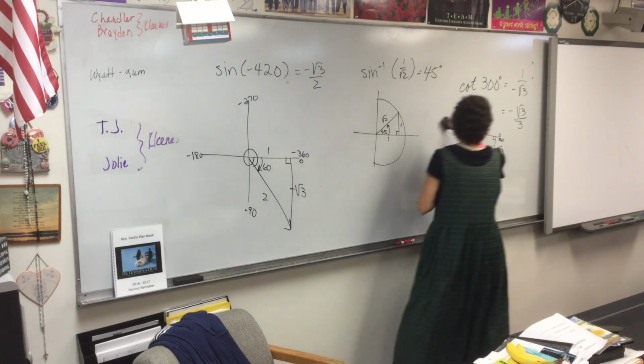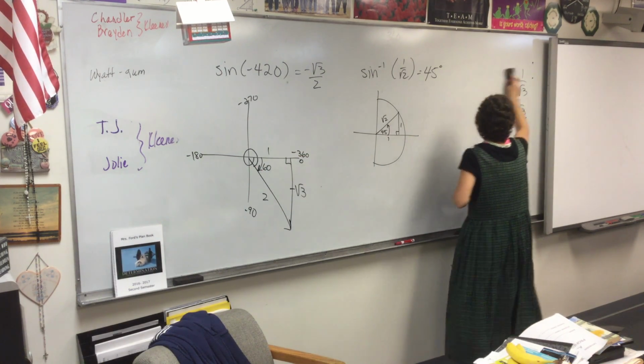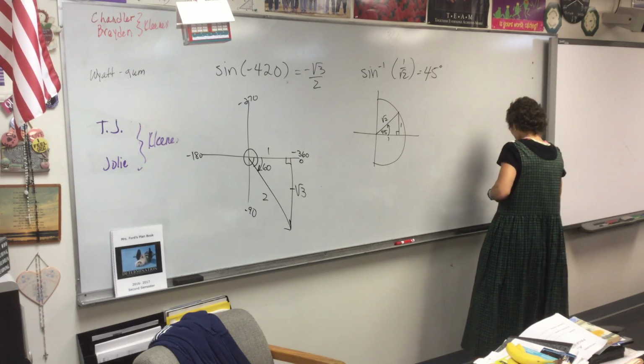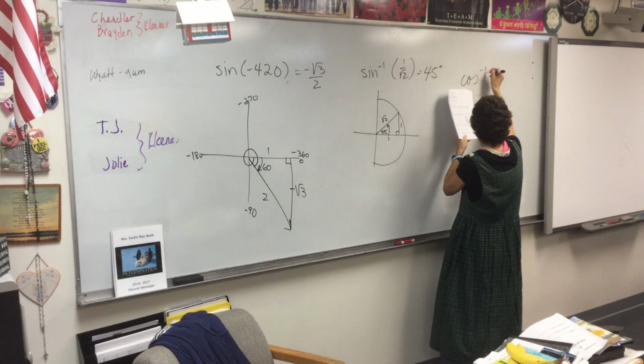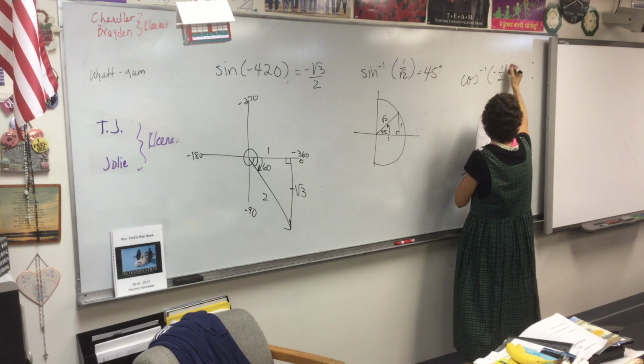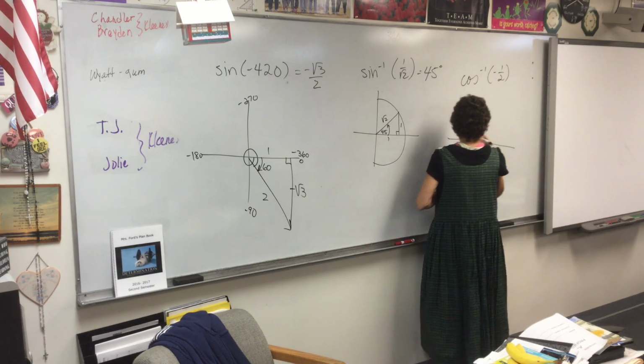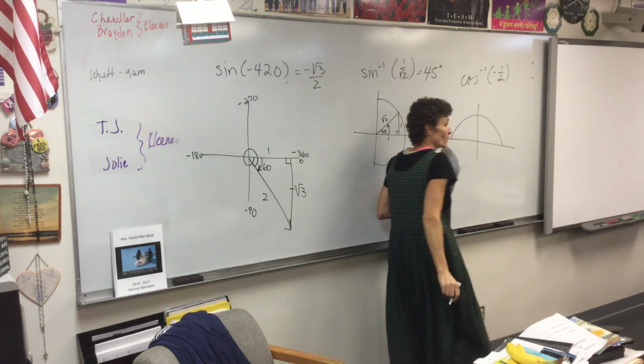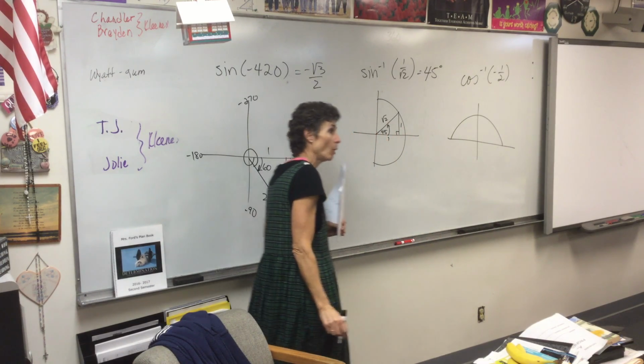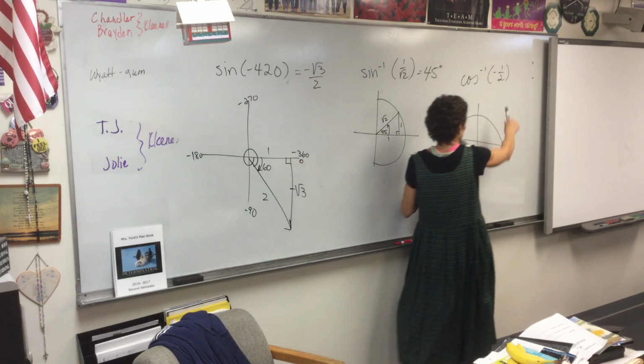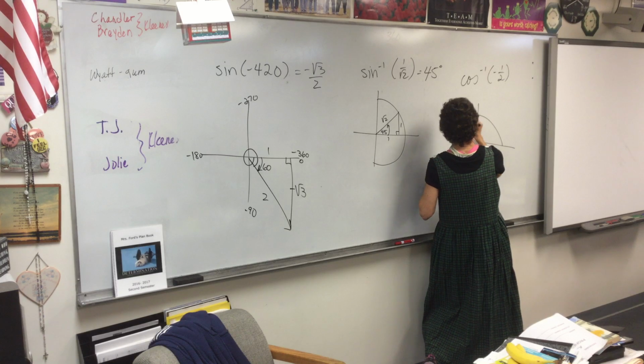Angle whose cosine is negative 1/2. All right, so here we go. Where are we going to draw this one? Up here somewhere. Second quadrant, because the number is negative.